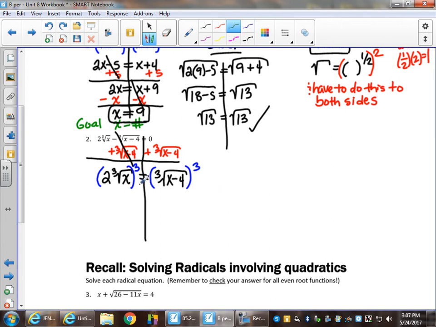Exponent properties are going to come into play just a little bit right now, because this power has 2 places to go inside here. This is power of a product, because this says 2 times the third root of x. So the 3 needs to be sent here and here. This becomes 2 to the third. This 3 and the third root cancel.